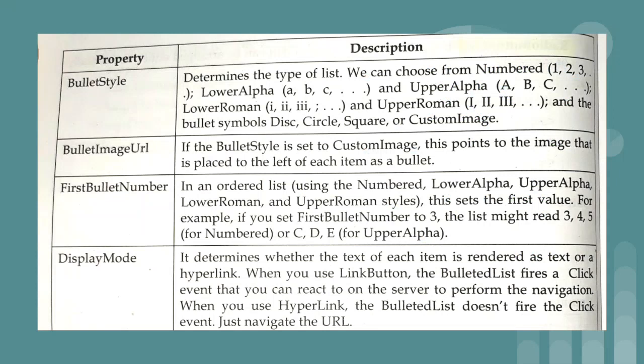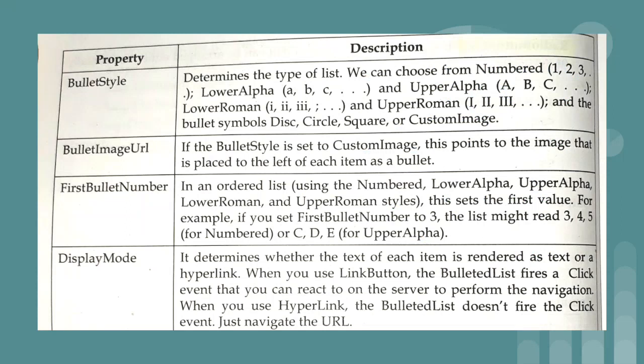So this particular property, bullet image URL, is associated with the custom image value of bullet style. Whenever you set bullet style equal to custom image, at the same time you need to provide the URL of the image, and you can insert that inside bullet image URL.